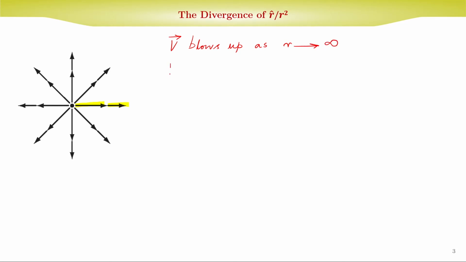That means that when we take the limit r tends to 0 of v_r, this is equal to the limit r tends to 0 of 1 over r square, and this is equal to infinity. What happens when r tends to infinity?